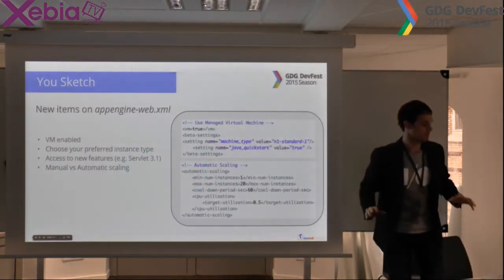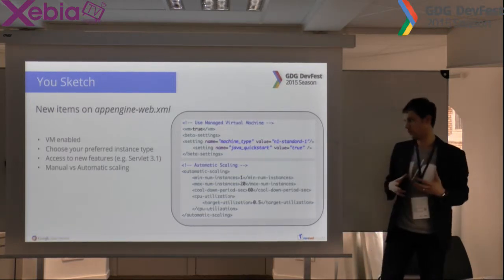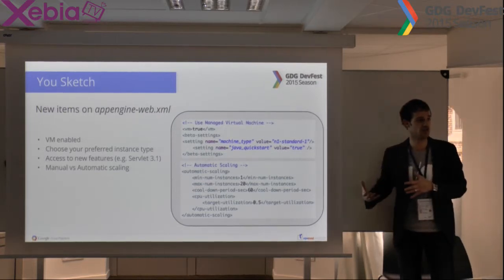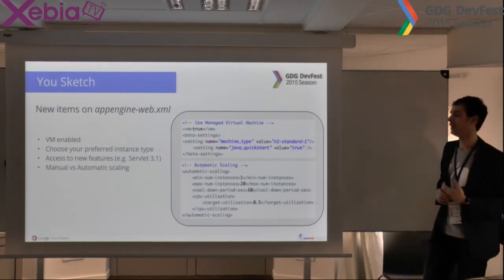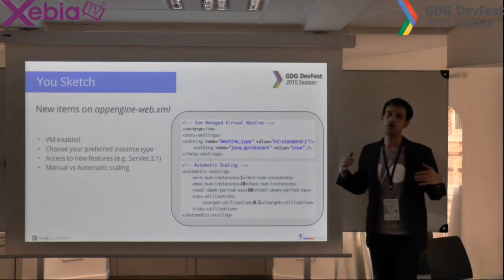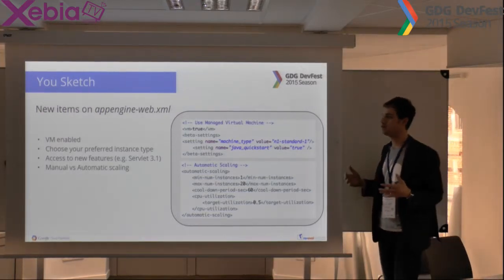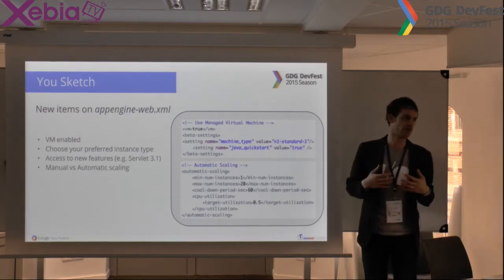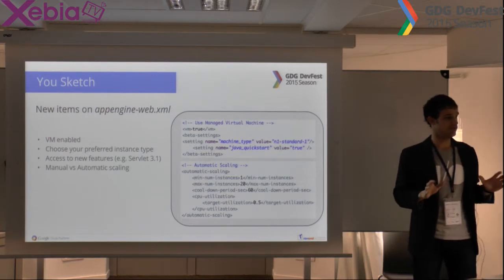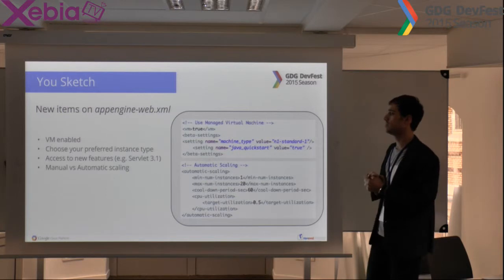Okay, so what I would like to show you right now is how we can create an application that gets access to this kind of feature. In order to set up an application using Managed VM, you can use, as I did, a normal Maven archetype, a normal Google AppEngine application using the Maven archetype dedicated for Google AppEngine applications.